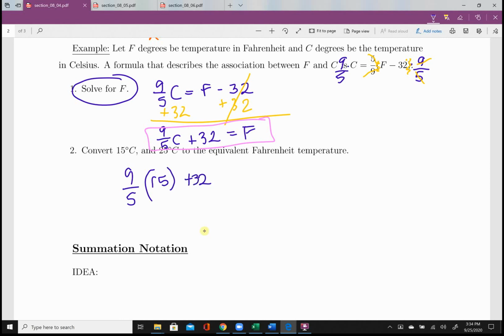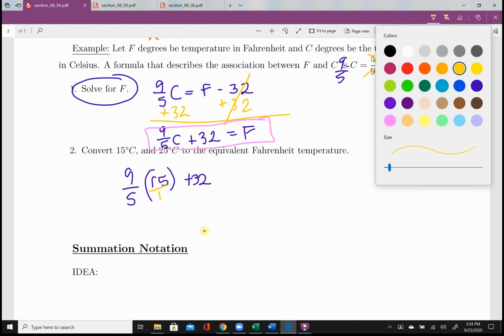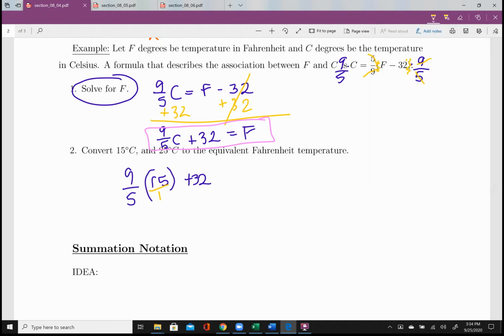This 15 is being multiplied by a 9/5, so it might be nice to modify it ever so slightly but not change the value. Just put it over a 1. That way you can see that the 5 and the 15 are going to share some common factors, and those are going to slash away. So 5 divides itself the once, 5 divides 15 3 times.